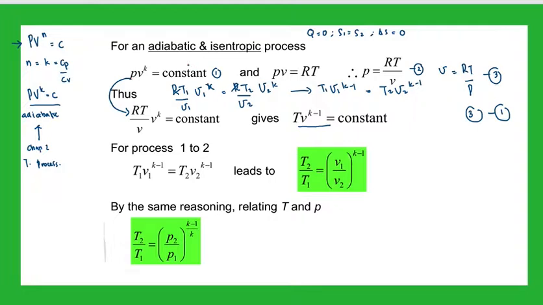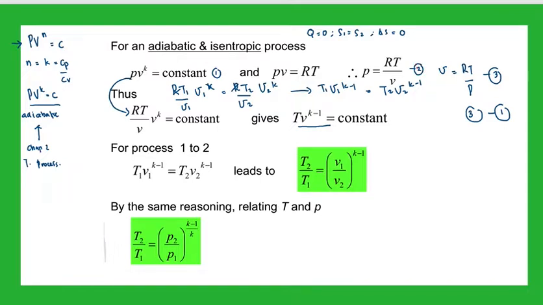So this polytropic equation that represents adiabatic is PV to the power of K equal to a constant. This is equation number 1. And I have the ideal gas equation, Pv equal to RT, and I modify this equation to P equal to RT over V, specific volume, and this is equation number 2.